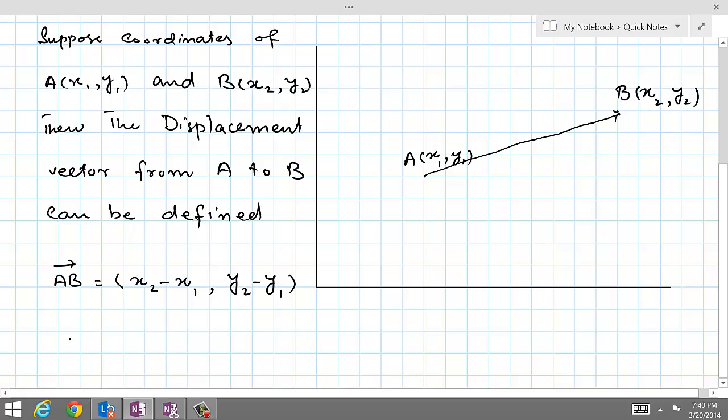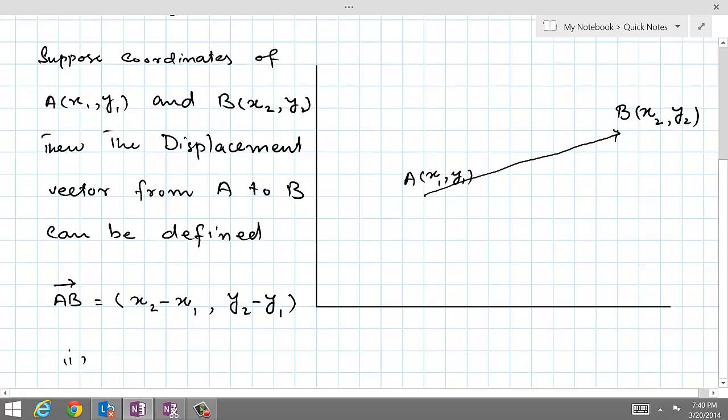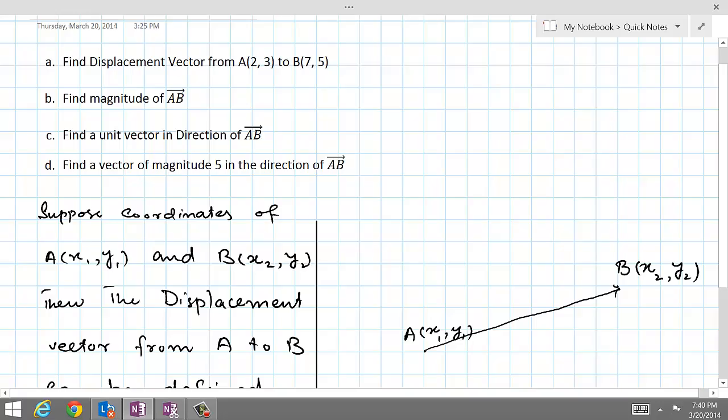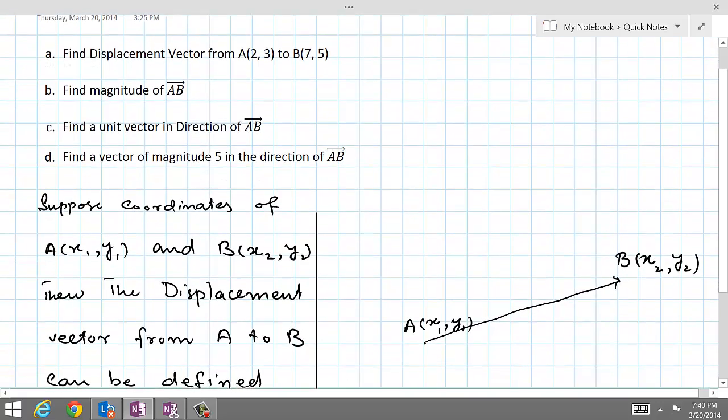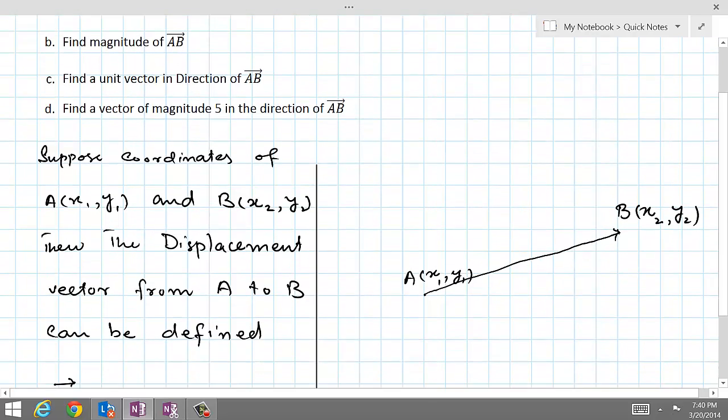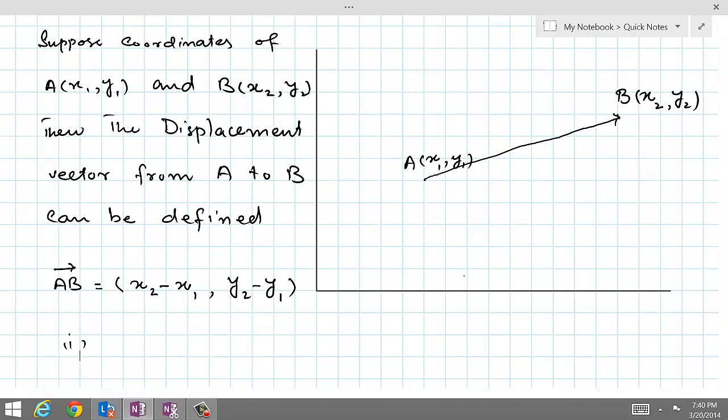Now in part 1 of the question, we are required to find the displacement vector starting from point A (2, 3) and going to (7, 5). 2 and 3 is this point.